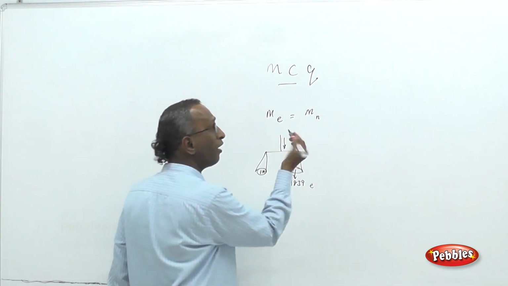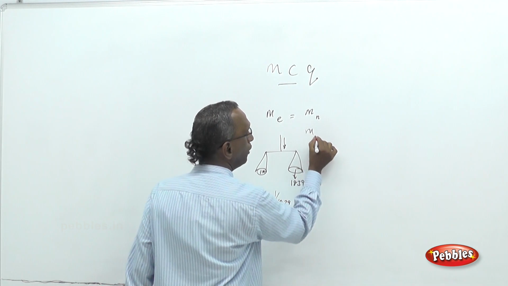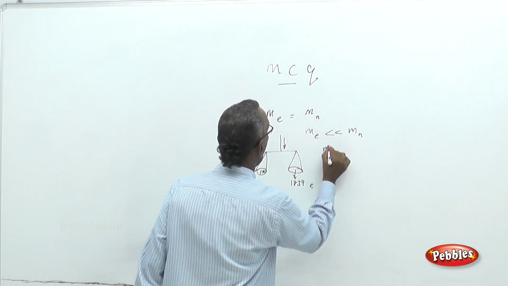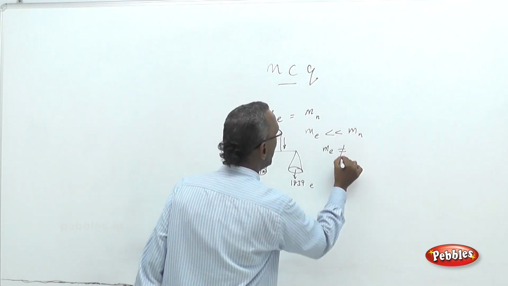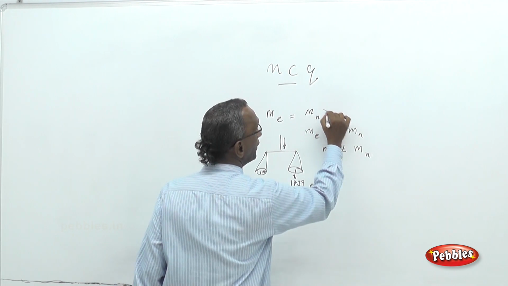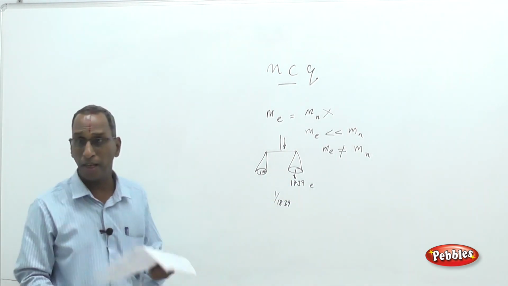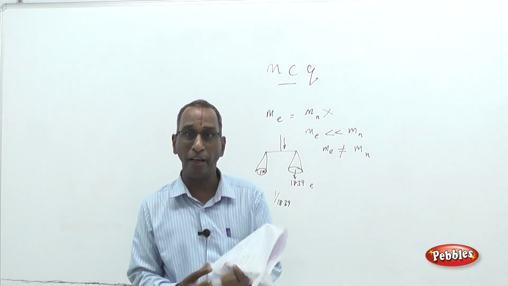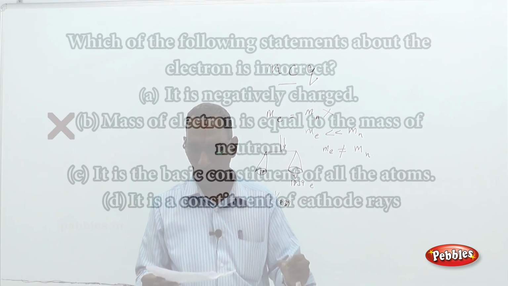That is to be noted. They are not equal. The mass of an electron is very small compared to that of a neutron. So the statement that the mass of the electron equals the mass of the neutron is the incorrect statement. Let us denote it with a cross mark.